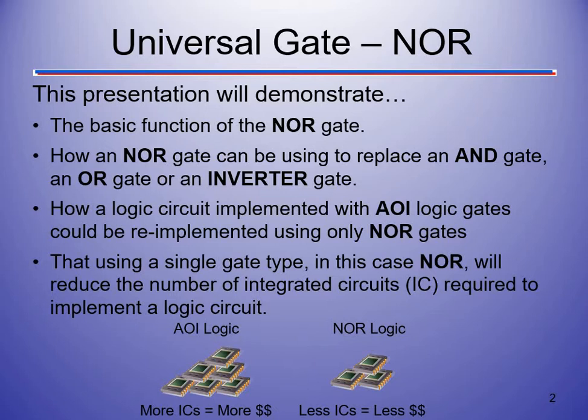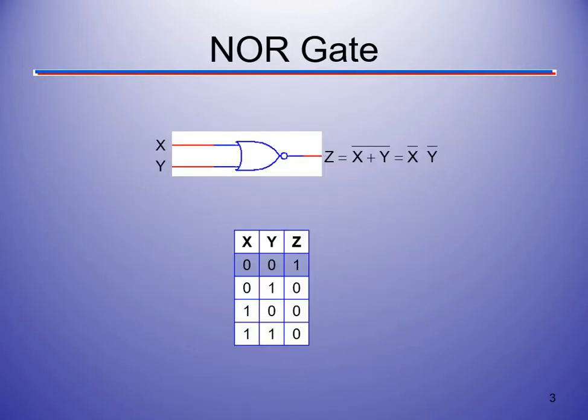Same concept there. And also, just like we learned with NAND, you can make a whole bunch of different types of gate using a NOR. And we'll do that replacement, making it more cost effective to use NOR logic, just like we use NAND logic to create circuits. Alright, so this is the NOR gate.